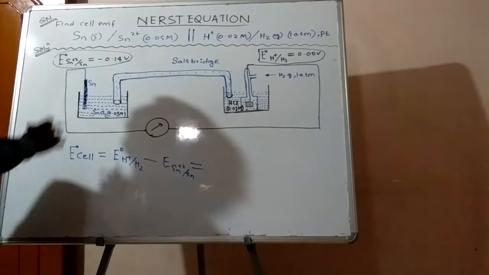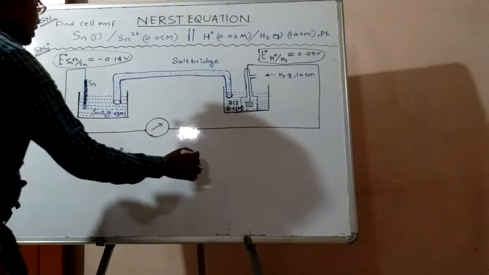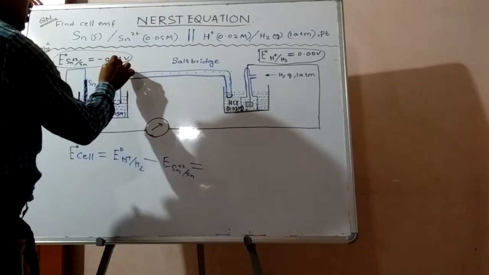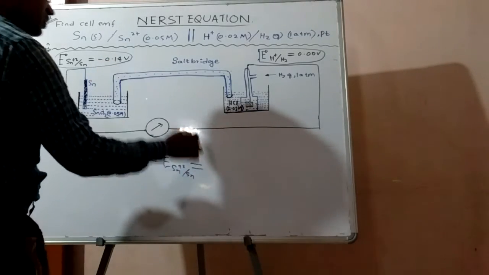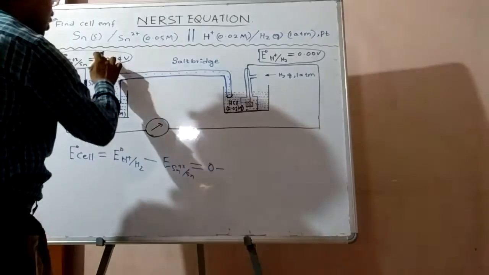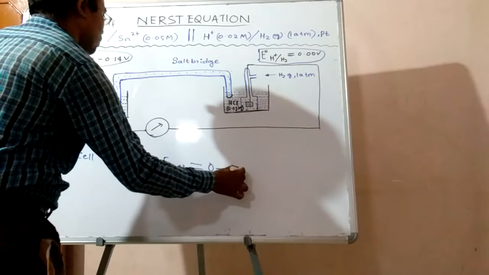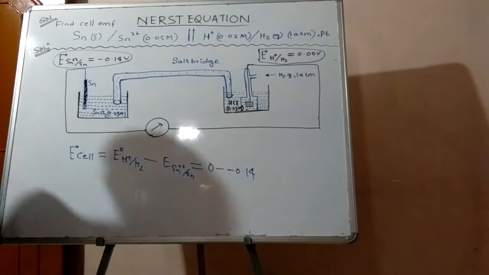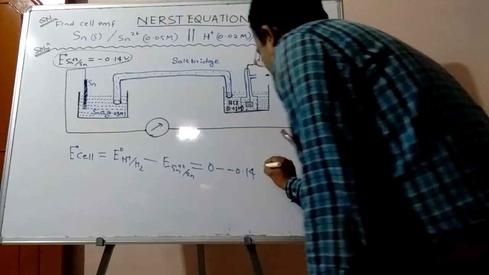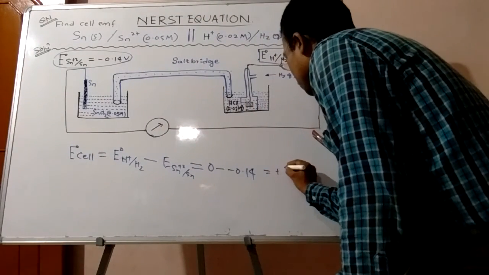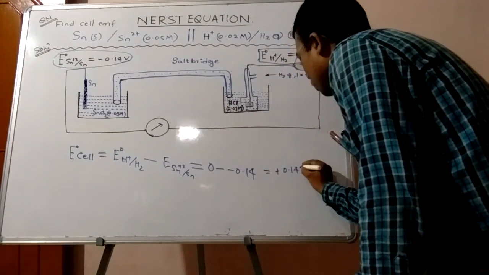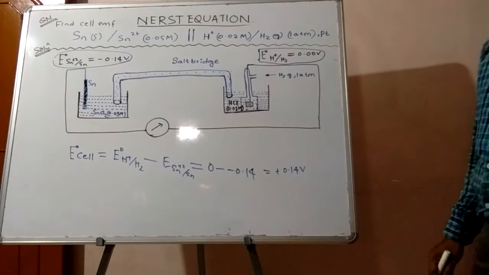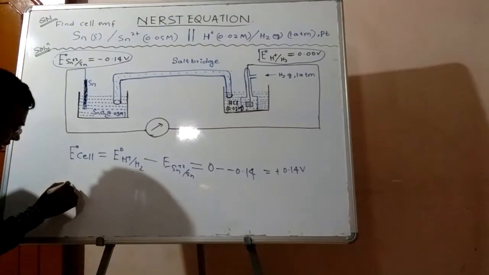This is 0 for standard condition. So that is equal to 0.0 volt minus minus 0.14, and that comes out plus 0.14 volt.